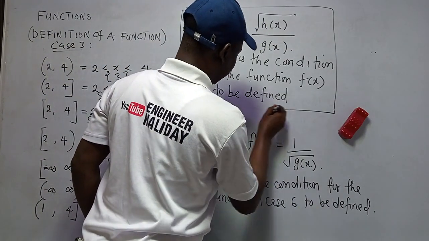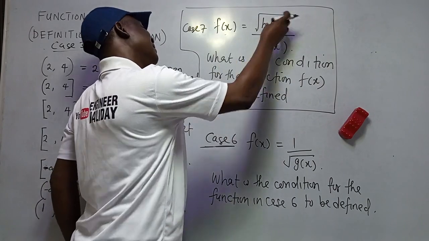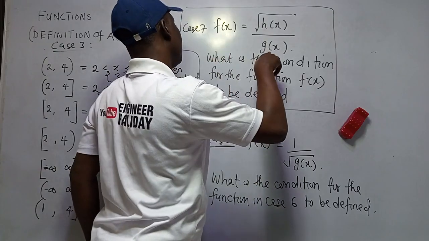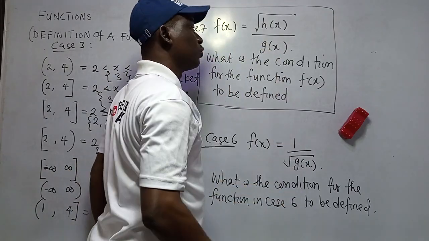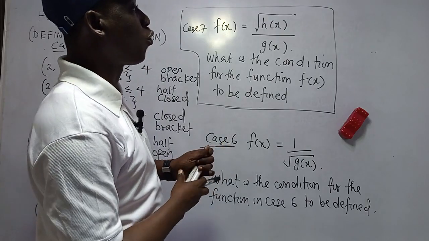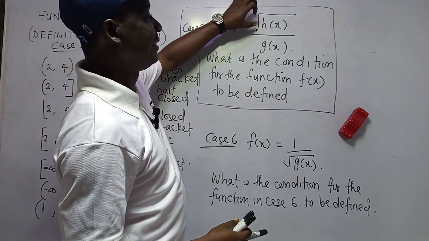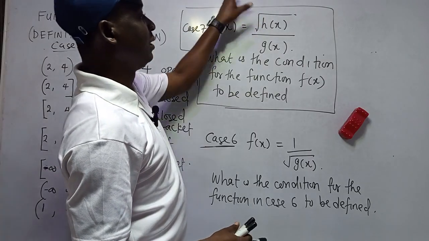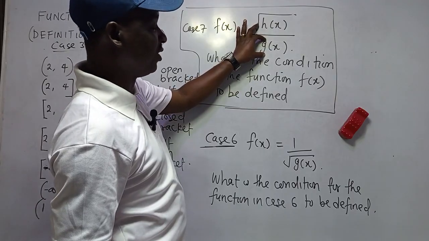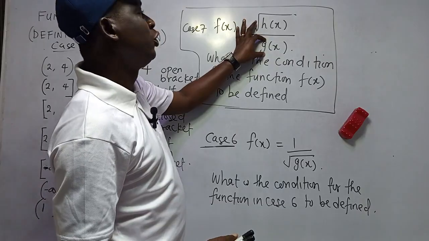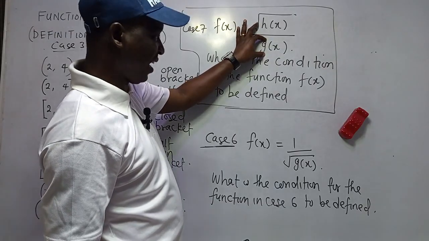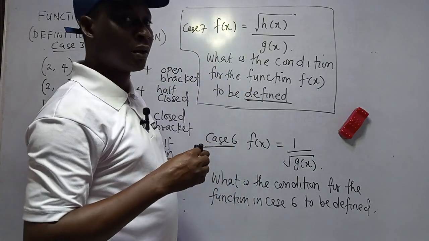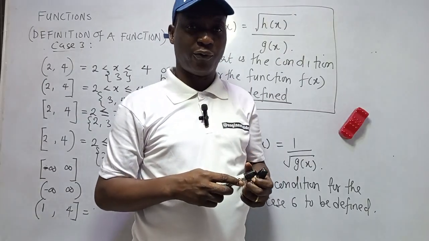Under which condition can you place this f of x for this function to be defined? You have to combine case 1 and case 2 that I gave to you, because this is at the numerator. Then you should know when something is at the denominator, what condition do you give for this thing to be defined? Because we are looking at the definition of a function now, not the undefined nature of a function.